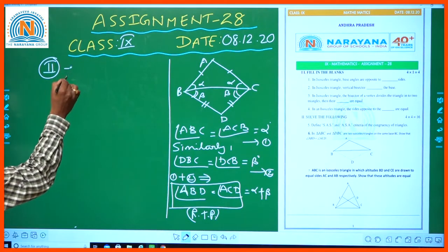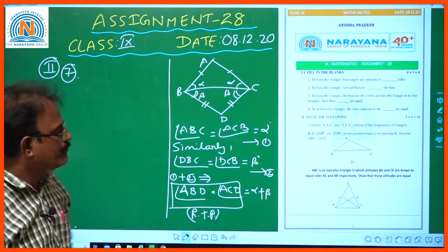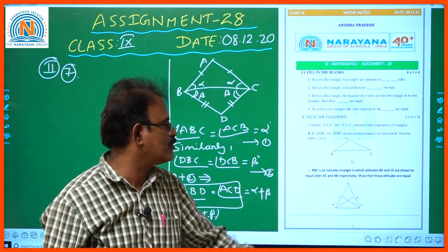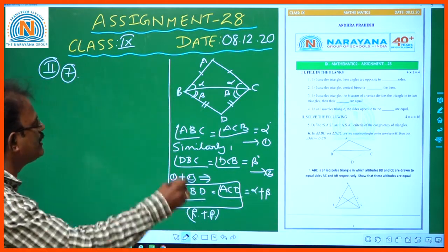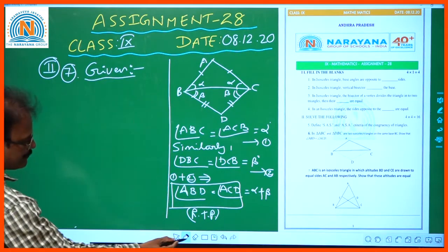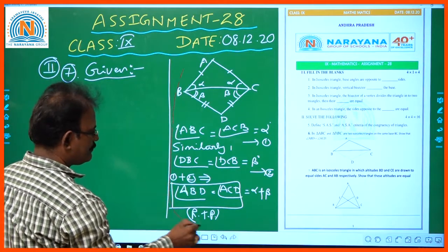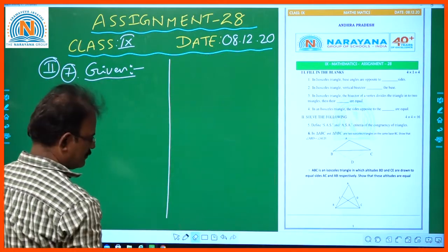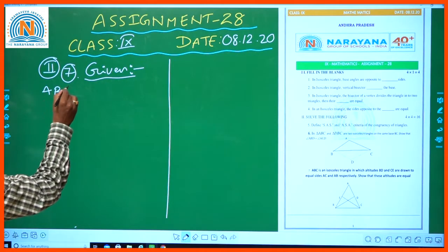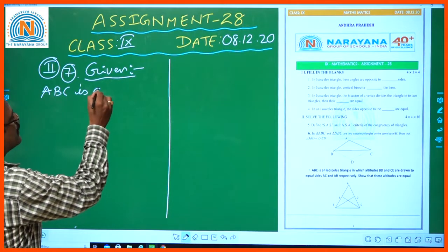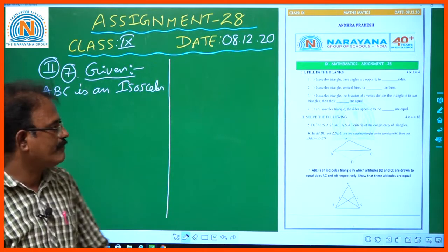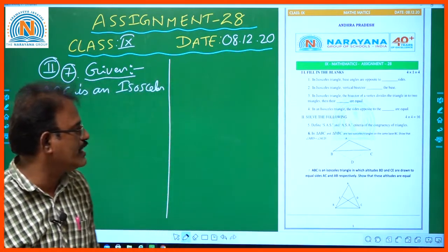Question number 7 from the same Roman. ABC is an isosceles triangle in which altitudes BD and CE are drawn to equal sides AC and AB respectively. So what is given here? Triangle ABC is an isosceles triangle in which BD and CE are drawn to equal sides.